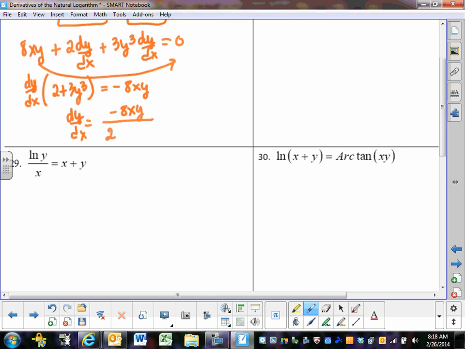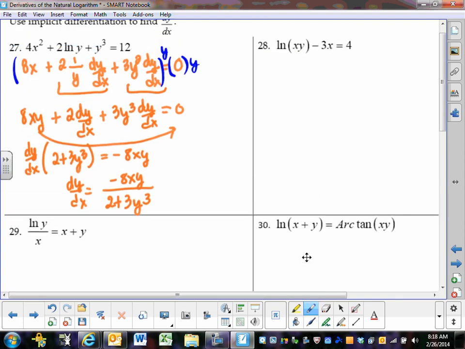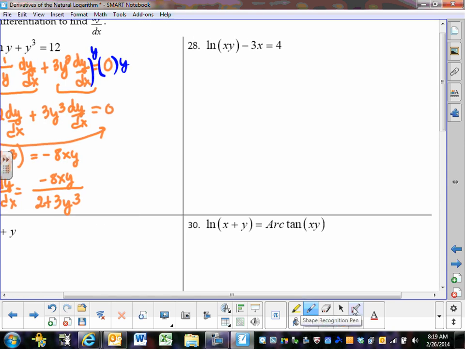So our derivative is u prime over u plus 1/3 u prime over u minus 1/3 u prime over u. Since nothing cancels, I'm just going to leave it that way.